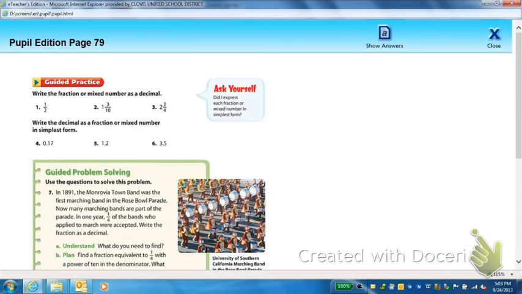Number 5, 1.2. The number to the left of the decimal, the whole number, just stays the same. We don't got to mess with that one. So this is just going to be 1. And the 0.2, that is 2/10, because there's only one number to the right of the decimal point, so that's 2/10.